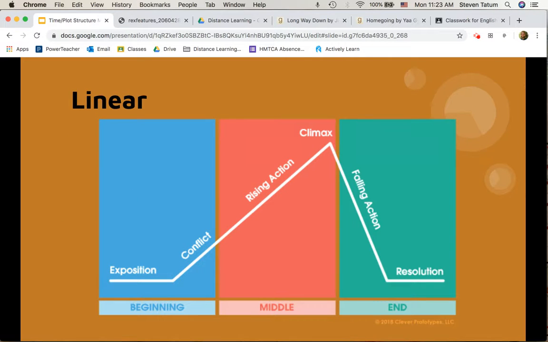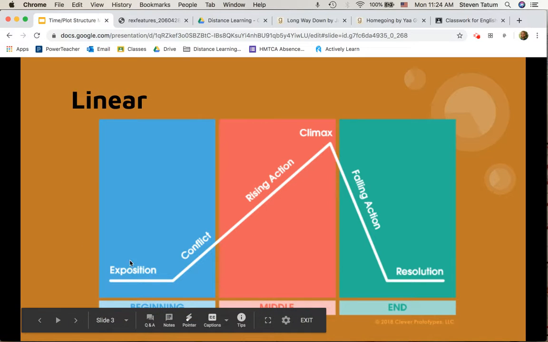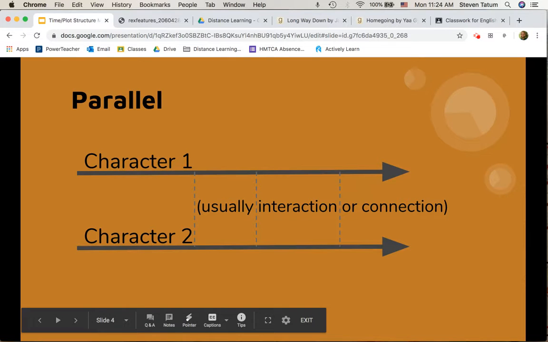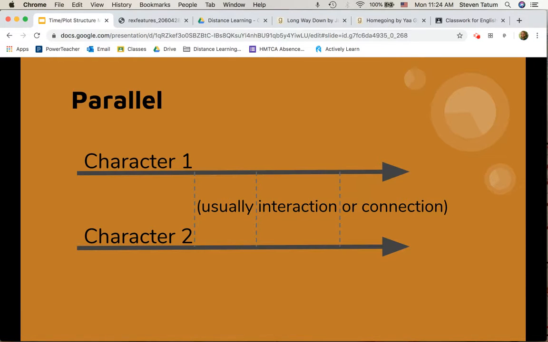Just another way of looking at that: linear stories have this beginning, middle, end, with an exposition, rising action, climax, falling action, and resolution. Parallel structures have two or more stories going on simultaneously, usually interacting in some way.